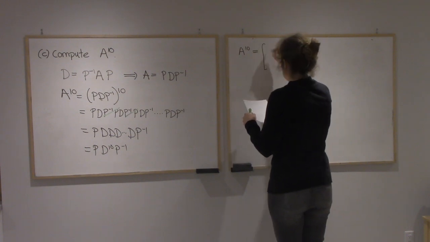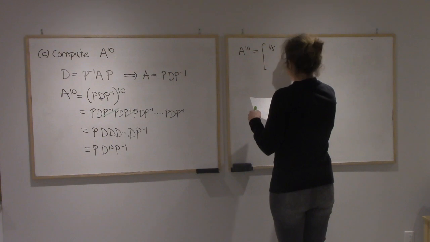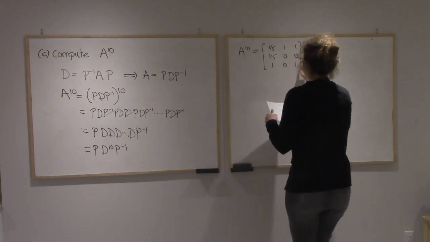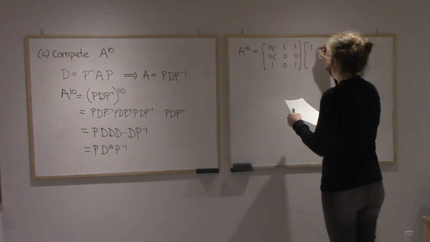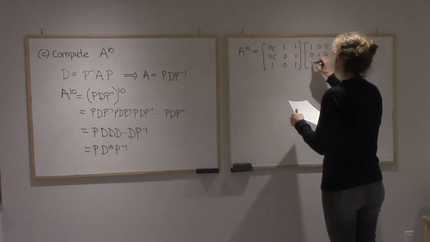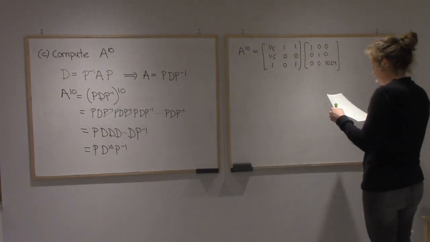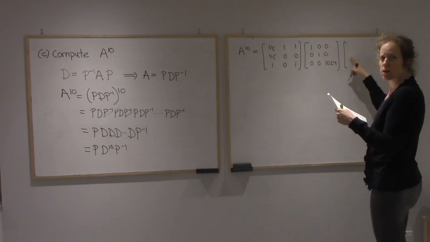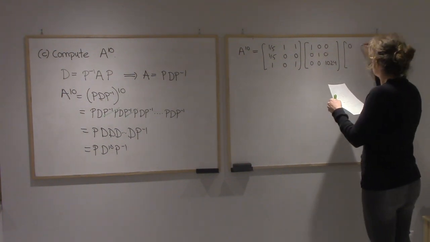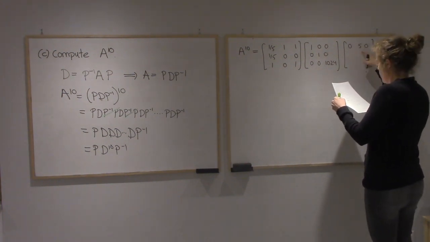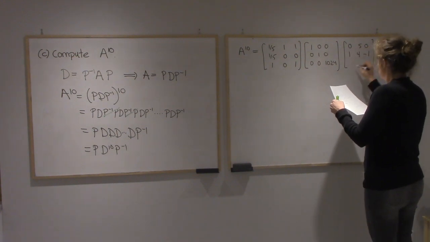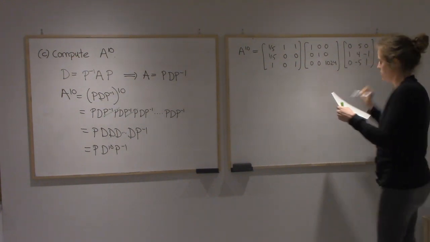So I get 1/5, 1, 1, 1/5, 0, 0, 1, 0, 1. Then D to the 10 we said was 1, 1, 1024. And then P inverse, I computed this on the side. I got 0, 5, 0, 1, 4, minus 1, 0, minus 5, 1.